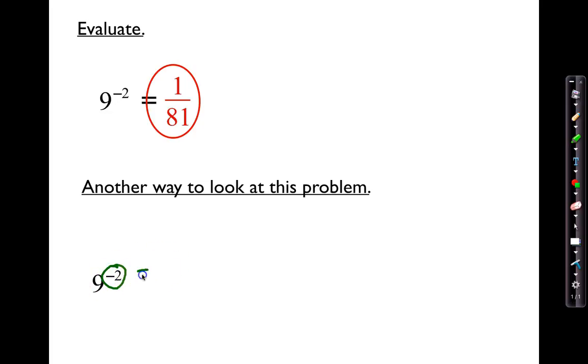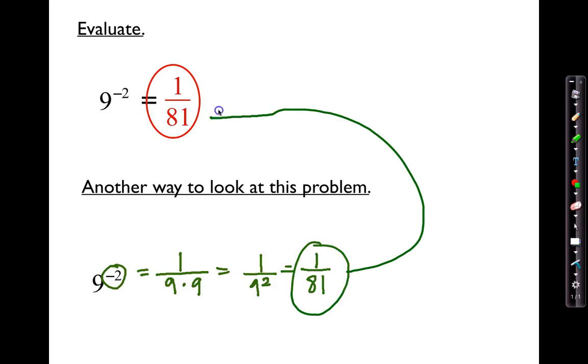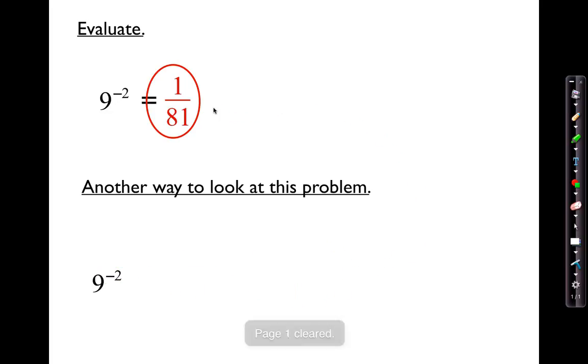So here we start with the number 1. Since it's a negative exponent, I'm going to divide my base of 9 two times, which leaves me with 1 over 9 squared, which equals 1 over 81. Notice it still matches up with this answer here. It's just another way of thinking of the problem.